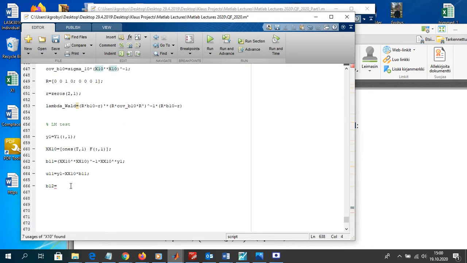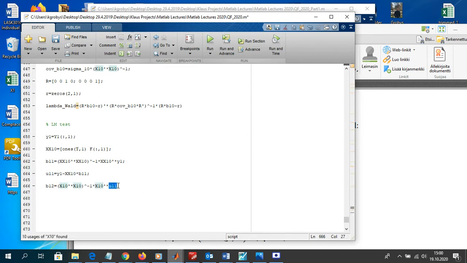The corresponding point estimator of that auxiliary regression is B12, and it's defined as X10 transposed times itself, inverted again, times itself transposed, times the vector of regression residuals under the null model.